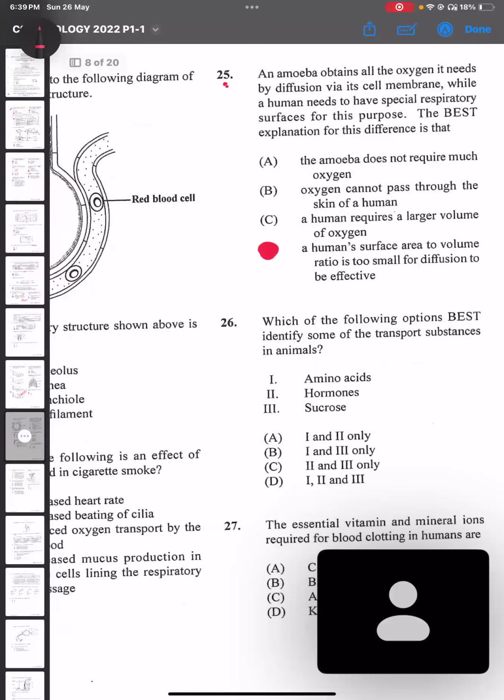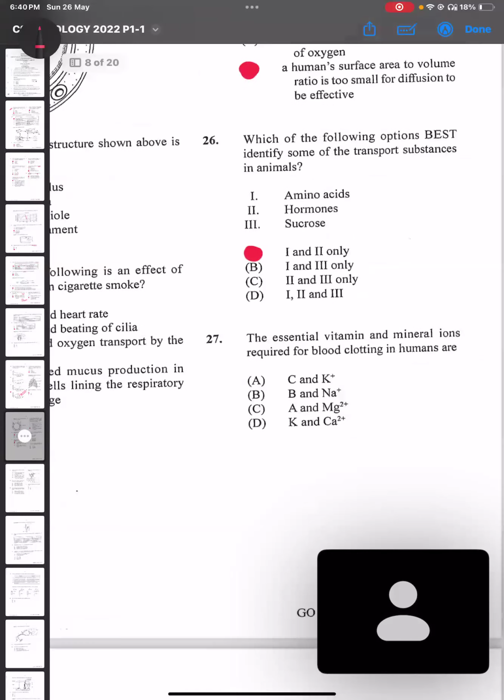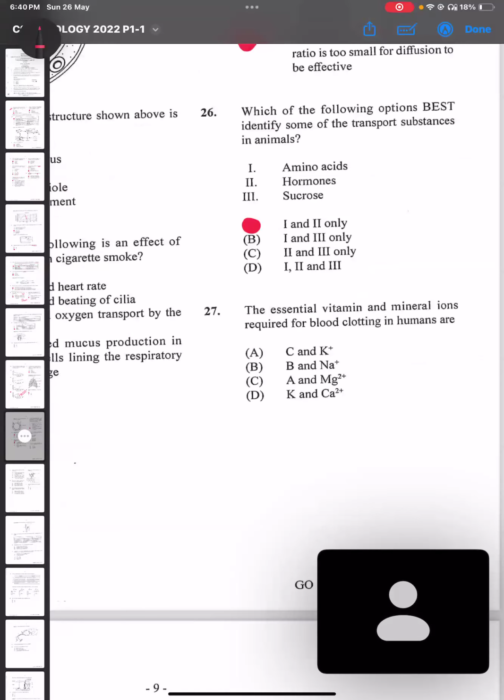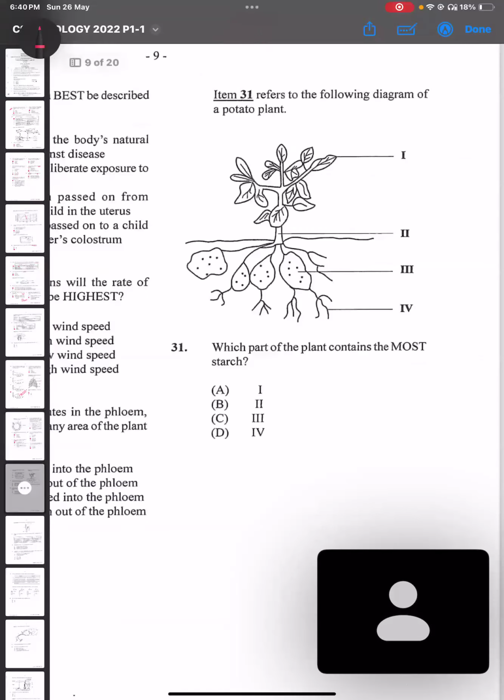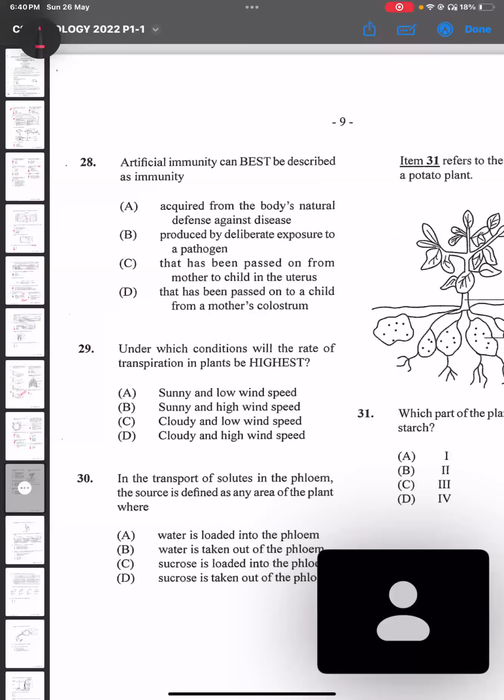We know question 26. What's question 26's answer? Question 27, we know question 27. Question 28, we know question 28. What's question 28's answer?